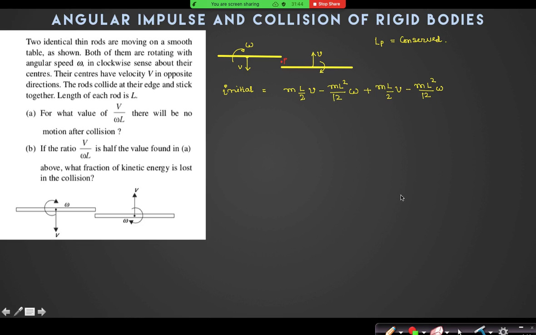So now finally the situation is that the entire rod becomes a single one, they are attached to each other. Suppose the center of mass of the entire system has velocity Vc, and this entire rod has started rotating with an angular velocity omega prime.